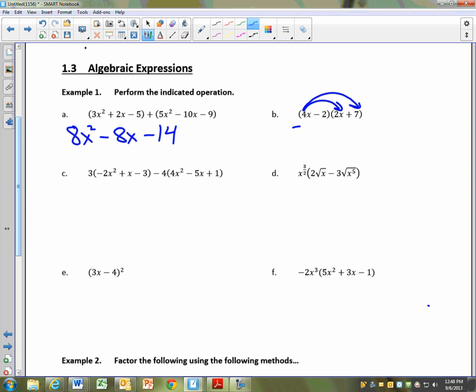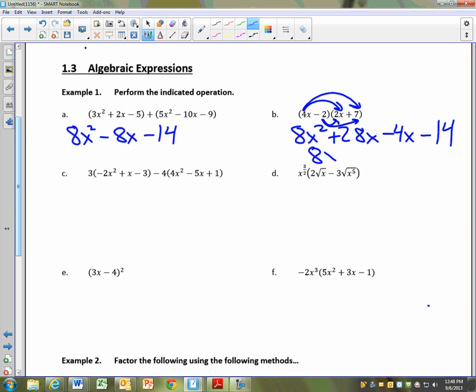So 8x squared plus 28x. After I'm done with the 4, I move to the negative 2. Negative 2 times 2x, negative 4x, and negative 2 times 7, minus 14. So there I have the expression. What do I do now? Combine like terms.